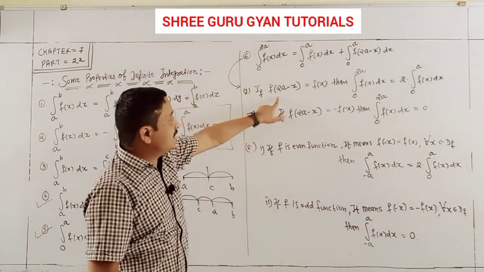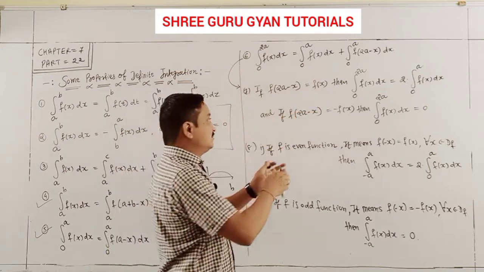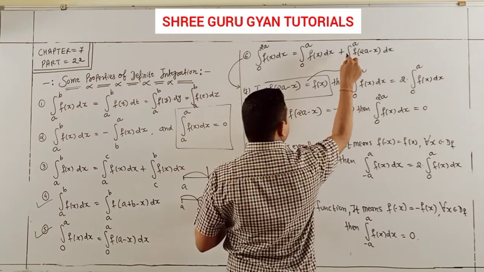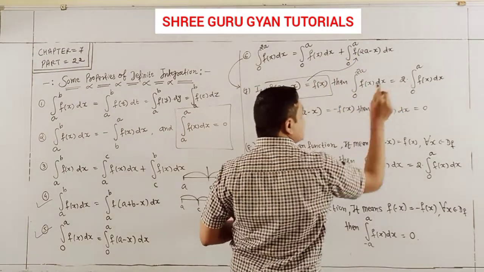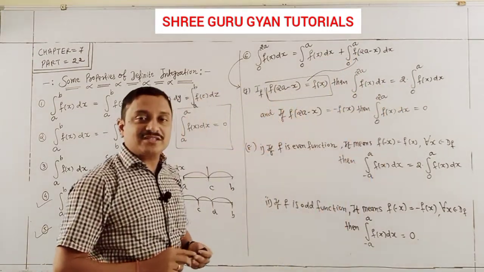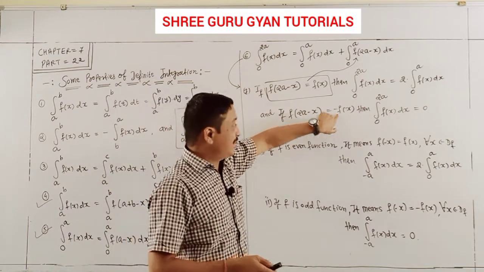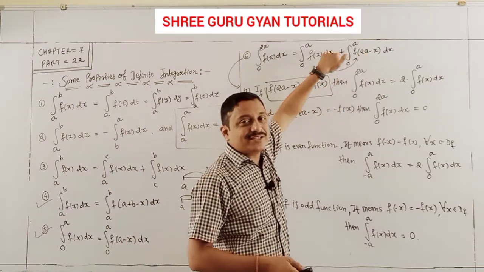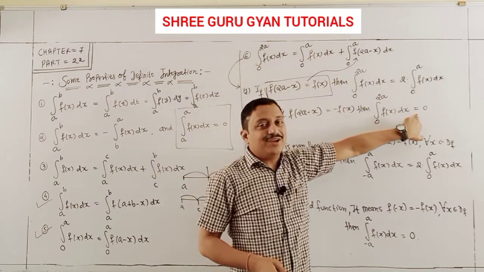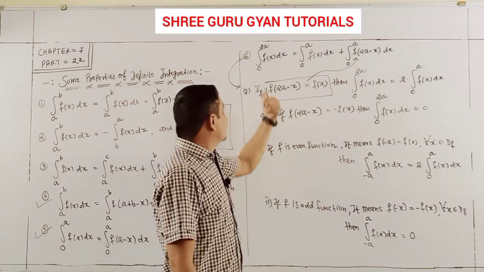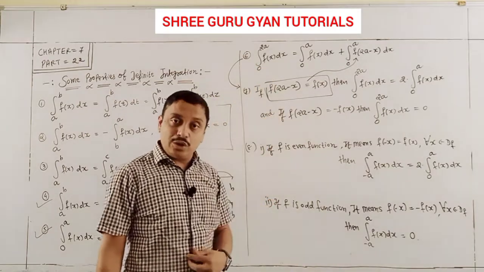If you replace f(2a - x) with f(x) here, you get f(x) and f(x). Your answer is 2 times integral 0 to a f(x) dx. And if f(2a - x) is equal to minus f(x), then minus f(x) and plus f(x) cancel there, and your result becomes 0. Yes, students, so these are the 6th and 7th theorems.